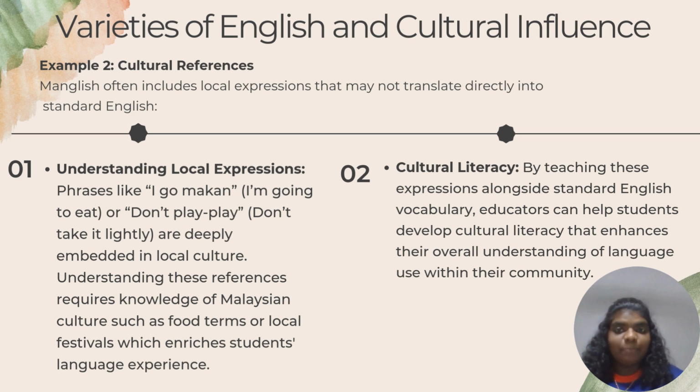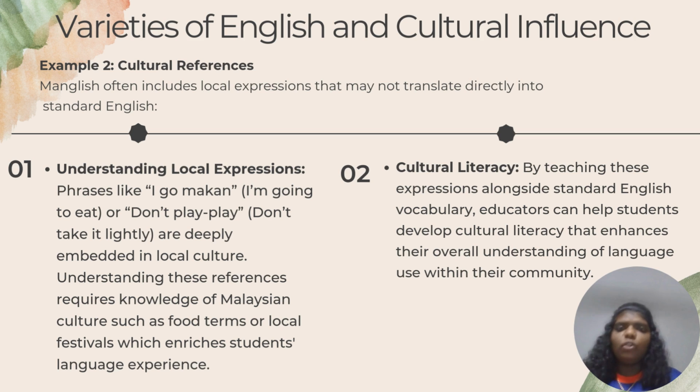So let's explore the second example. The second example is cultural references. Manglish often includes local expressions that may not translate directly into Standard English. The first one is understanding local expressions.